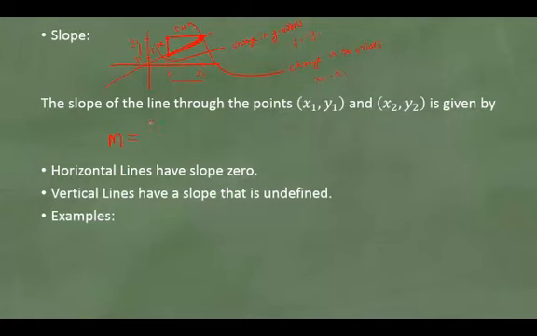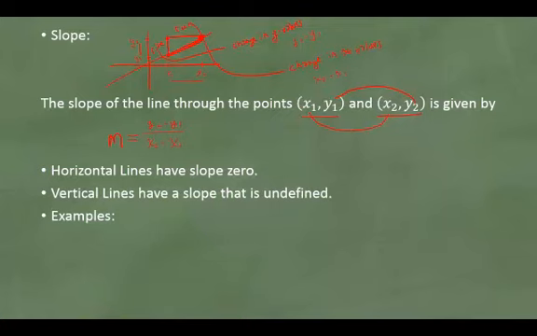So it could be given as y2 minus y1 over x2 minus x1. So if you have 2 points, x1, y1, and another point, x2, y2, then you can always find the slope. Just subtract the y values, y2 minus y1, and then subtract the x values, x2 minus x1.